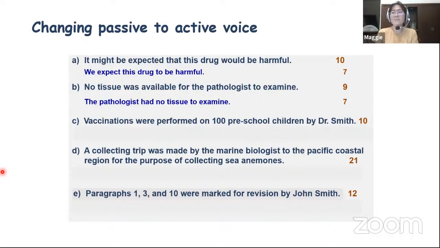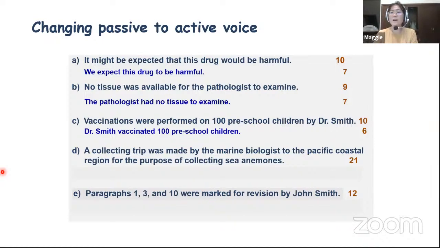And the third example: vaccinations were performed on 100 preschool children by Dr. Smith. This sentence has 10 words, and it is reduced by changing to the active voice: Dr. Smith vaccinated 100 preschool children.